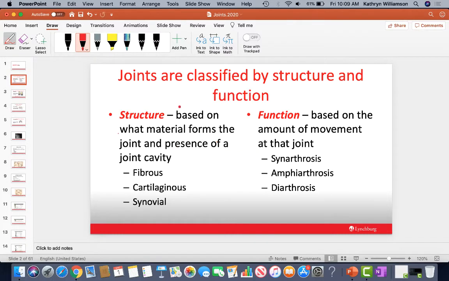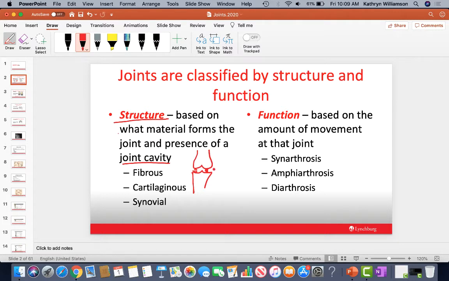When we look at joints, we can classify them in two different ways. One is structurally, based on structure. This looks at what material forms the joint and whether the joint has a joint cavity, which is a space, like if we had the end of one bone and the beginning of another bone, is there a space in between the two bones?